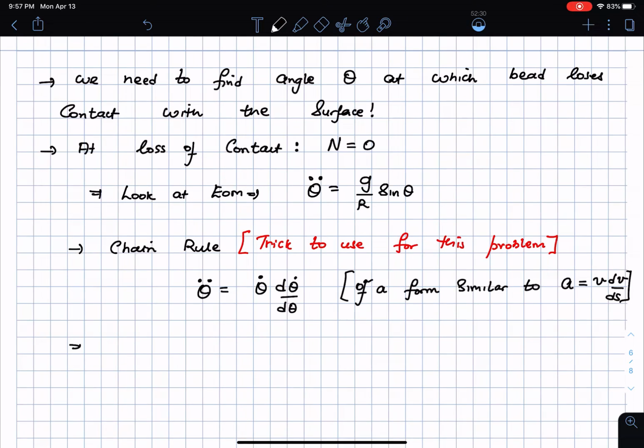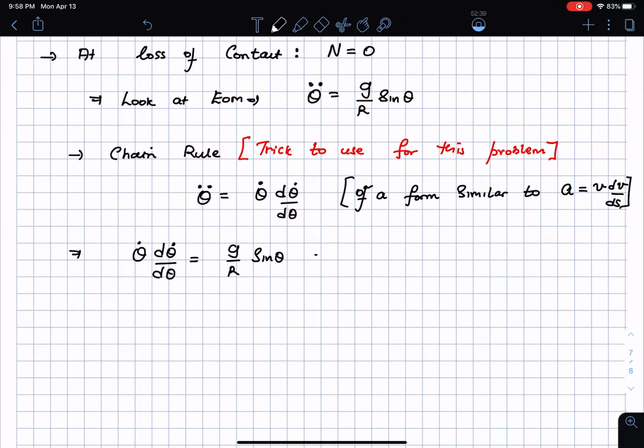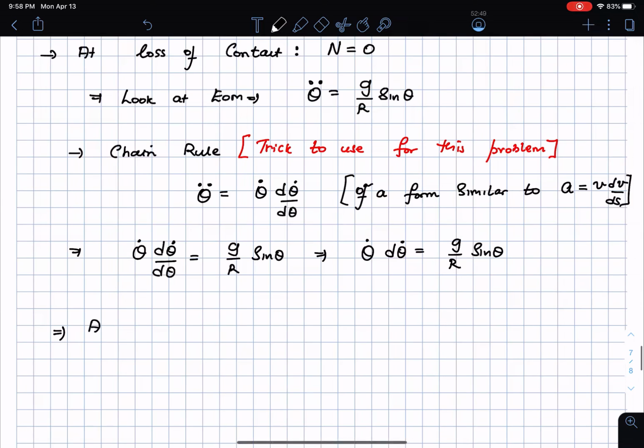So for me, theta dot d theta dot by d theta is equal to g by r sine theta, which means if I do the cross multiplication, I get theta dot d theta dot is equal to g by r sine theta d theta. I'm assuming that theta dot at the starting position theta naught is approximately 0, some very, very small value, as if I'm just giving it a very gentle shove.